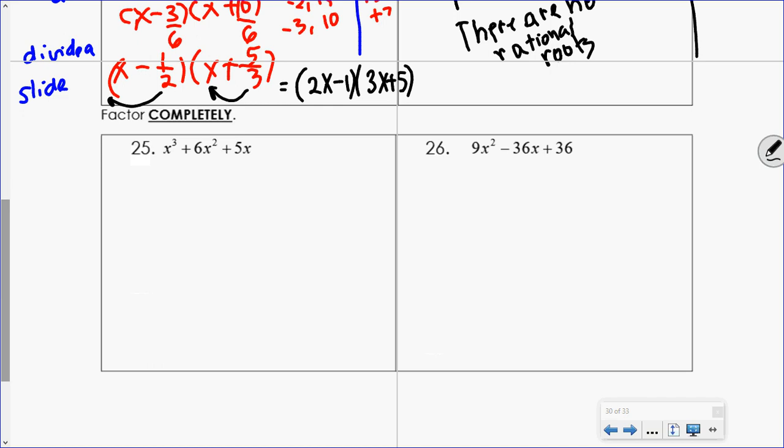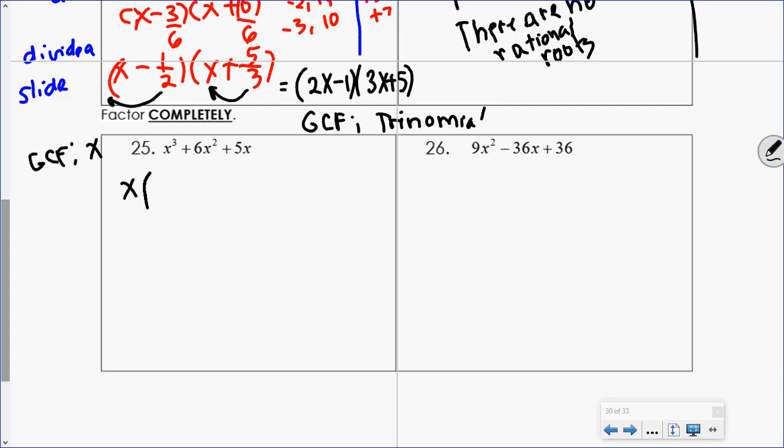25, 26, we're looking to factor out a greatest common factor, and then we're going to factor like a trinomial. So two types of factoring take place in 25 and 26. My greatest common factor for number 25 is not going to be a number, because there's not a number in each term, but my smallest x variable is just x.